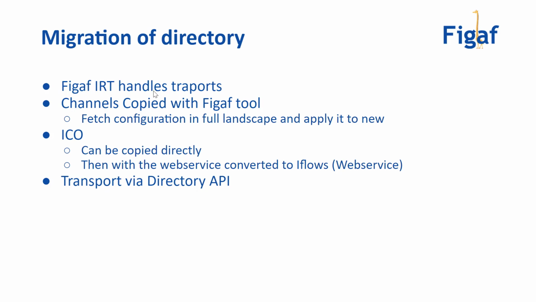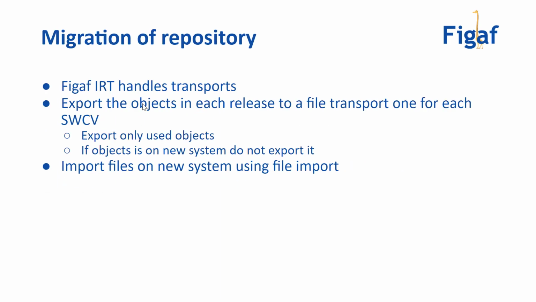We handle all the transports, configure communication channels, and transport via the directory API. And that means we can actually enable these kinds of mappings of services. There's also another video that describes in a little more detail how you actually configure these things. So let's show you what this looks like.